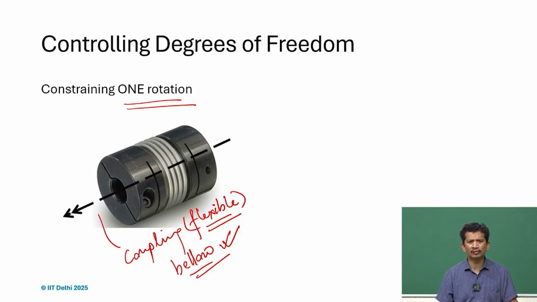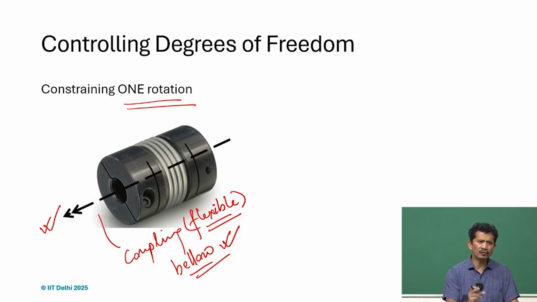And in order to eliminate any kind of offset or misalignment, we use a coupling. But if you look at it closely, what we realize is that these couplings provide very good rotational constraint, and that is the requirement we have when we design a coupling.